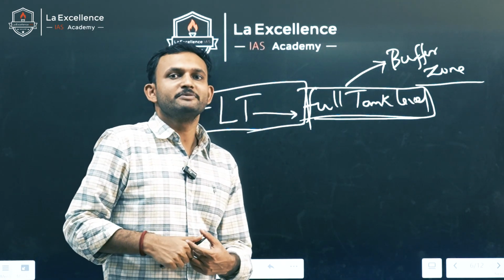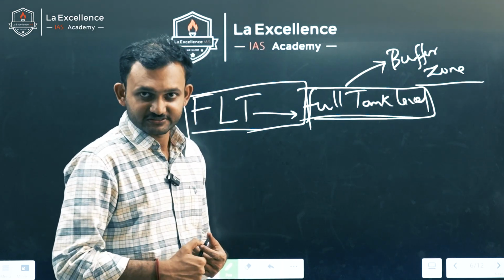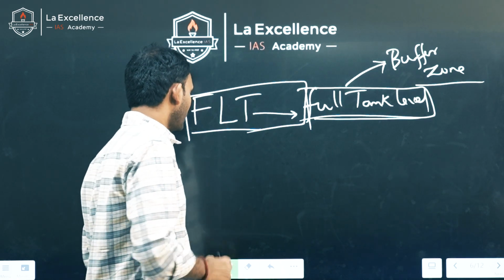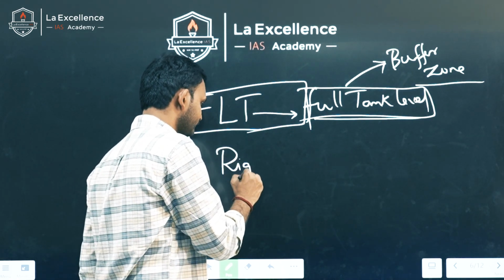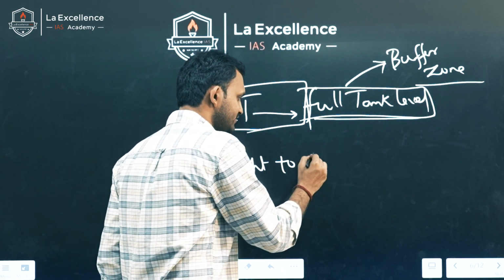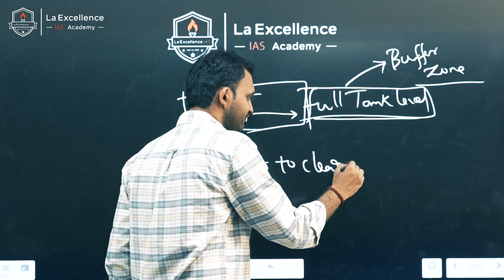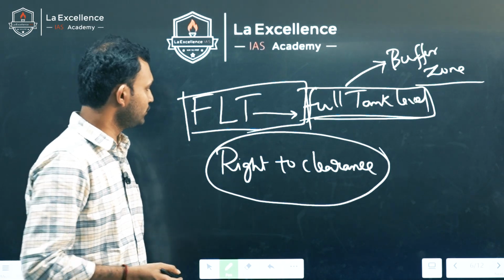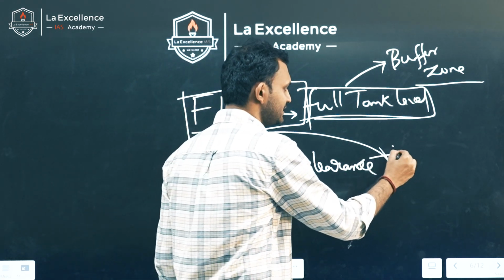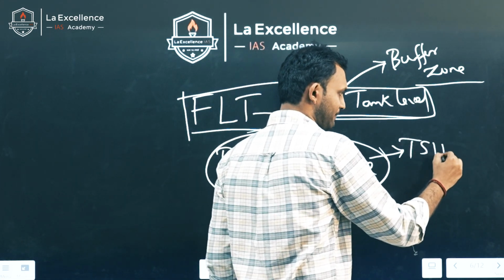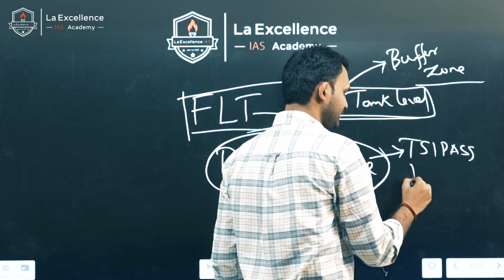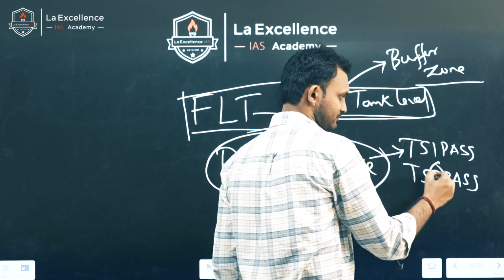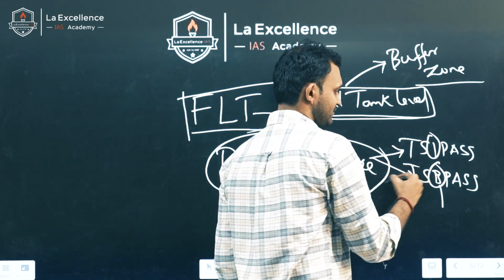Okay, now friends, if this is the case, then why was the permission given in the first instance is the question. Because of the problem of right to clearance that was given in Telangana. So what does this right to clearance mean? There is something called TS-iPASS and TS-bPASS, which means industrial pass and building pass.